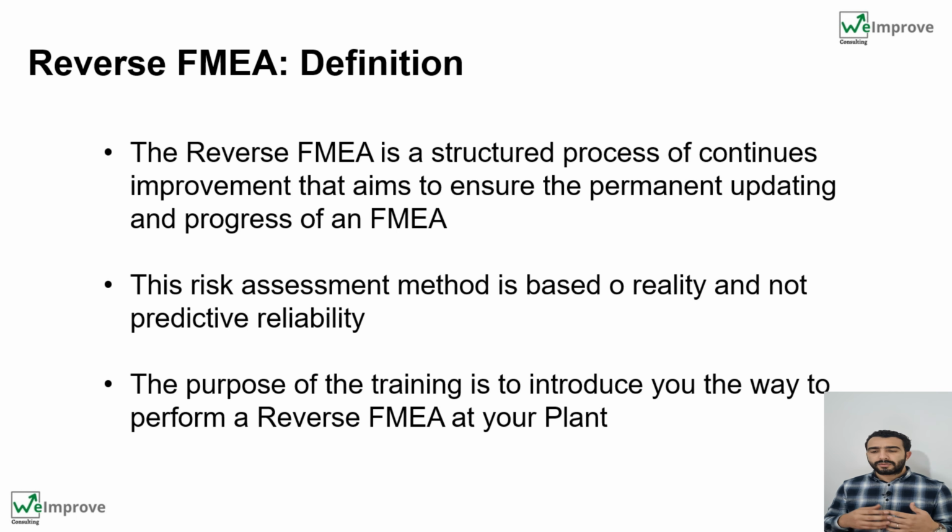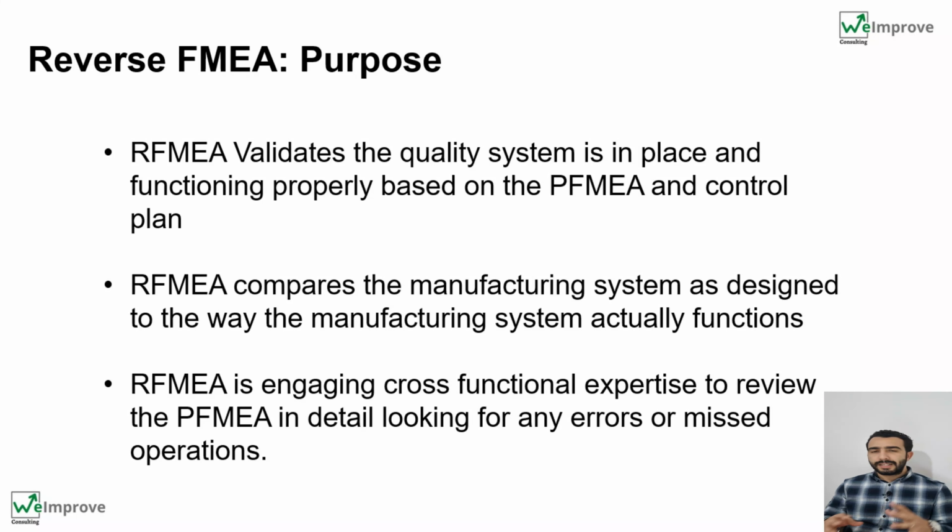The purpose of this training is to introduce you to the way to perform the reverse FMEA at your plant. So let's see some purposes. The reverse FMEA validates that the quality system is in place and functioning properly, based on the PFMEA and control plan.